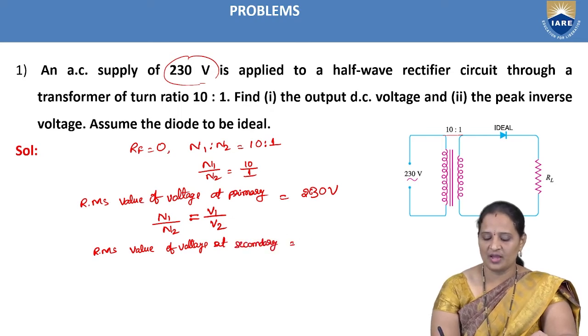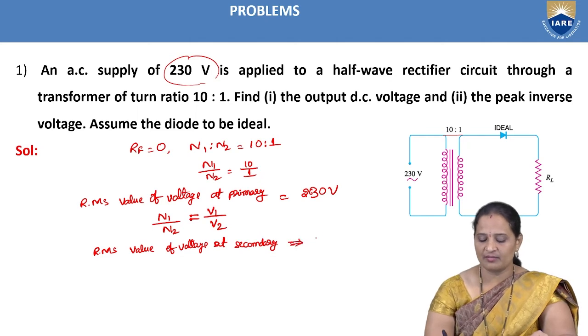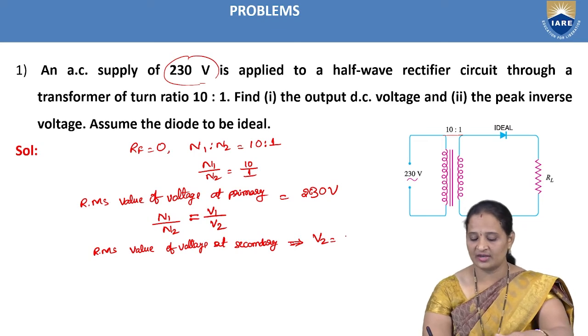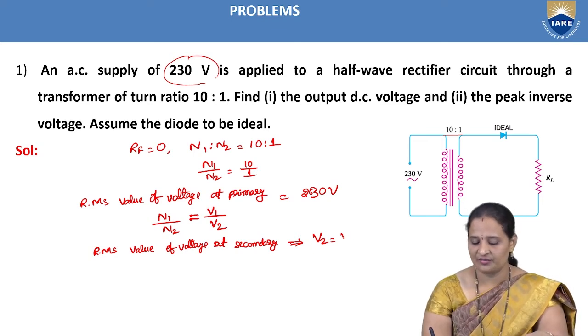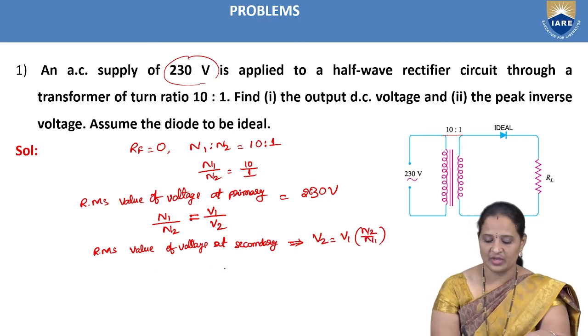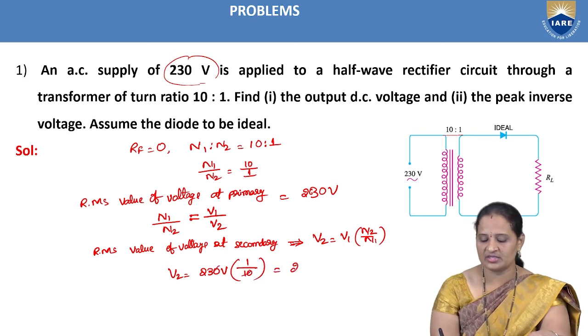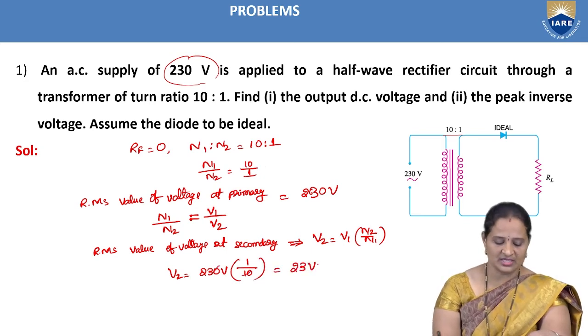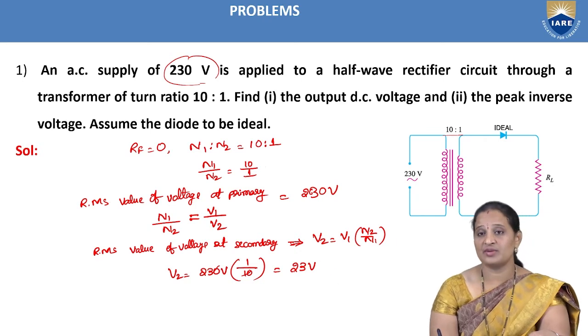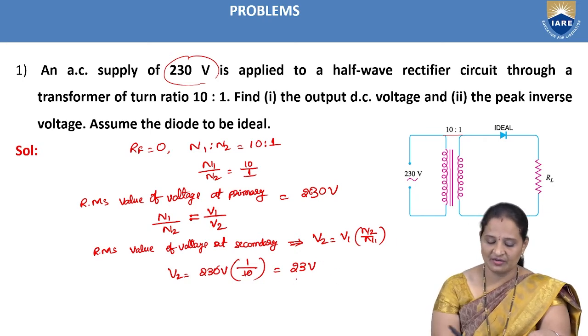Use this formula. I want to find V2, so I can write it as V1 into N2 divided by N1. V2 is V1, which is 230 volts, into N2 which is 1 divided by 10. So this cancels, and it is 23 volts. This is my RMS value of voltage at the secondary winding.